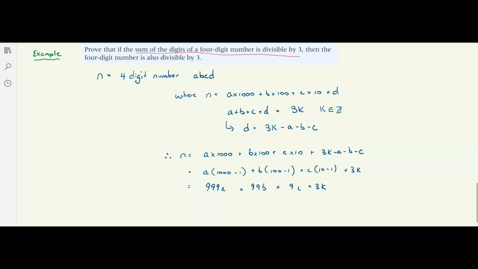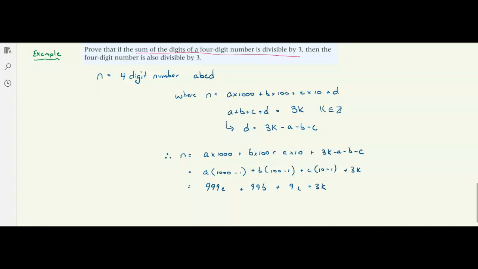What I'm representing here is N in a way differently to how I started, using the fact that the sum of the digits is a multiple of 3, rewriting D in terms of A, B, C, and K, and that allows me to rewrite my N in this way. We're pretty close now.